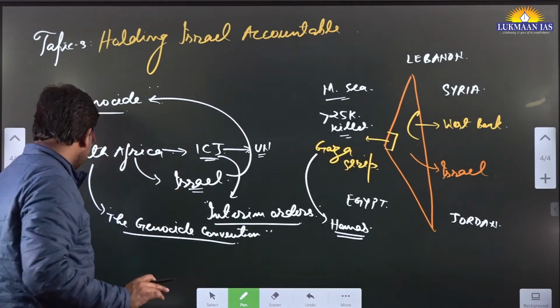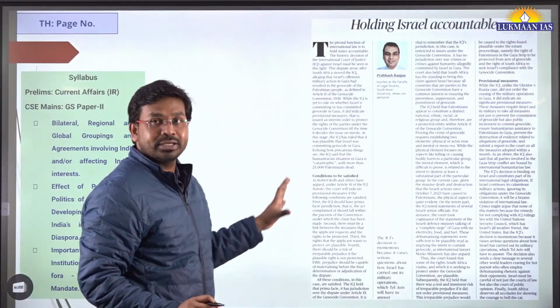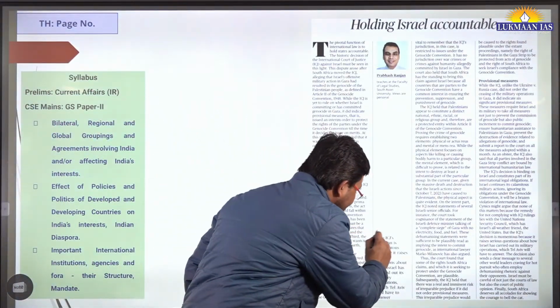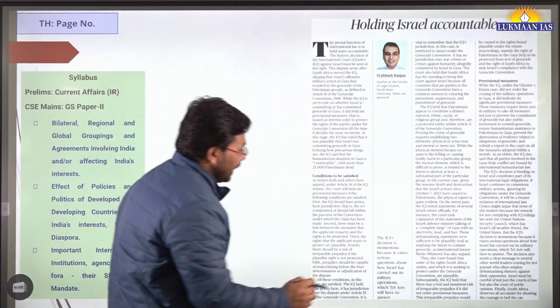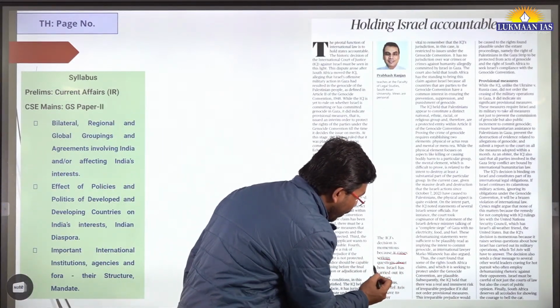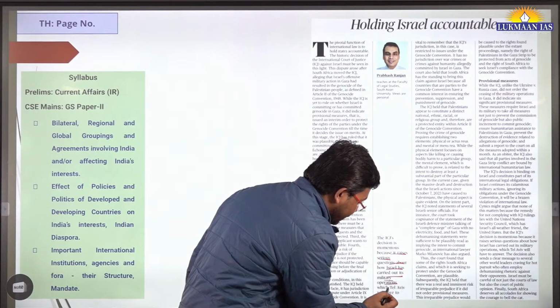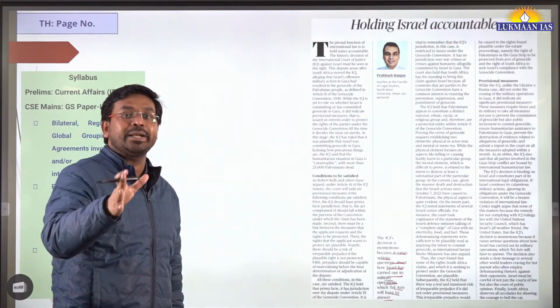In this particular article, the author says that the ICJ's decision is momentous because it raises serious questions about how Israel has carried out its military operations, which Tel Aviv will have to answer. Tel Aviv means the capital of Israel.